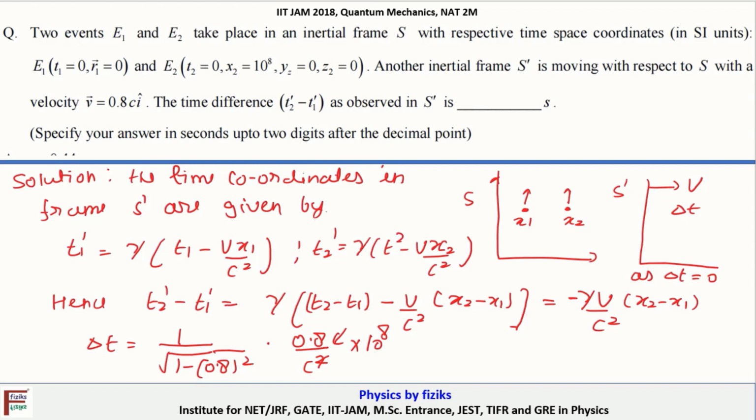So c would cancel out, 0.8. In denominator we would be having 0.6 into 10 to the power 8 divided by 3 into 10 to the power 8. That means 8 by 18, which is equals to 0.44 second. So answer is 0.44 second.